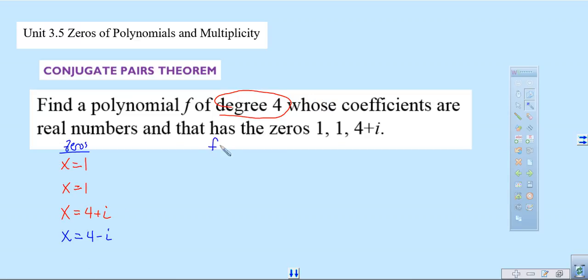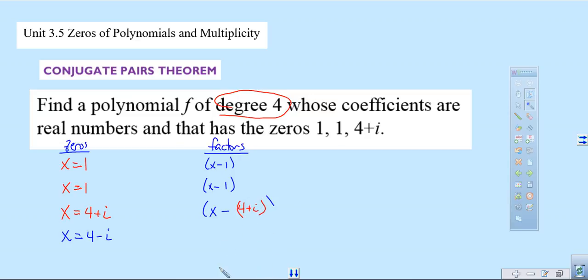But to expand this conversation, let's remind ourselves what these look like as factors. This becomes x minus 1. This becomes x minus 1. This becomes x minus, and I'm going to change colors and put this in parentheses.